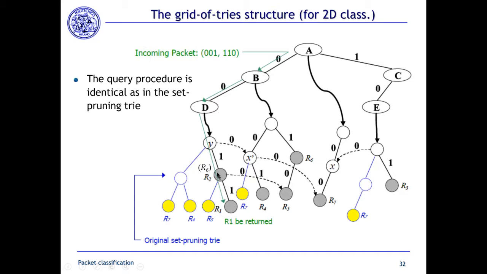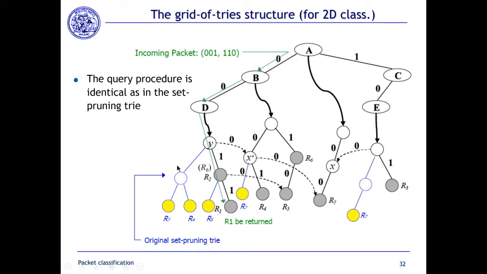Even in the set pruning trie, the yellow circles here, when you are in node Y, you have two children: one pointer labeled with 1 and one pointer labeled with 0. The difference is only logical.